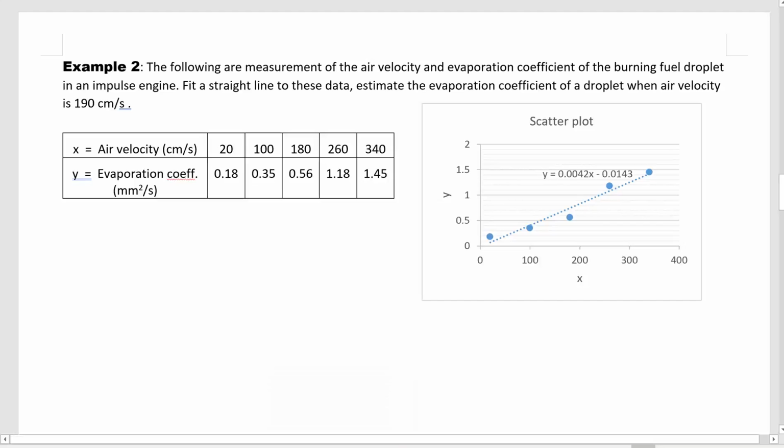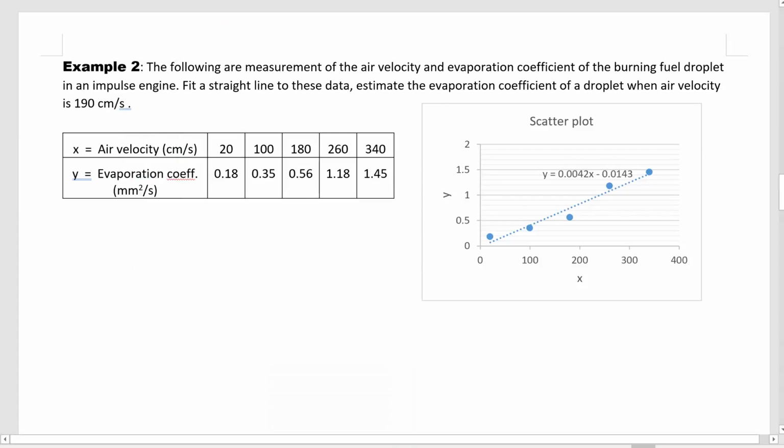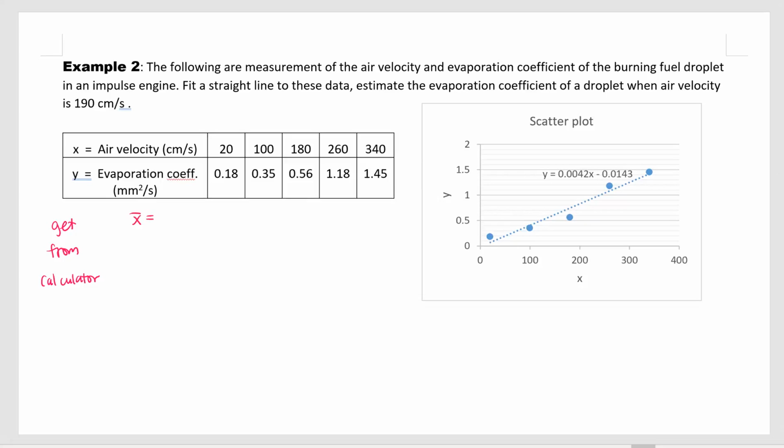Okay, let's put it down. So from the calculator, we get X bar is 180, Y bar is 0.744, and here N is 5. We have 5 points.